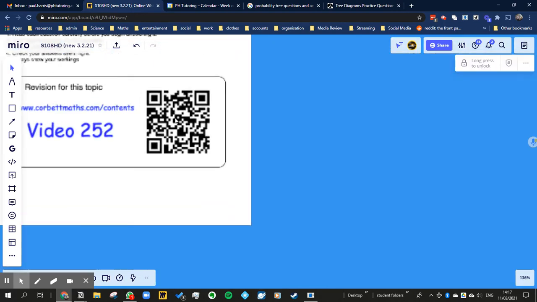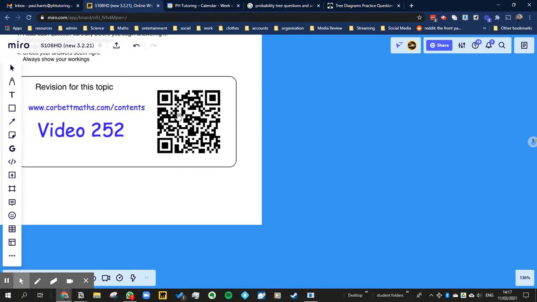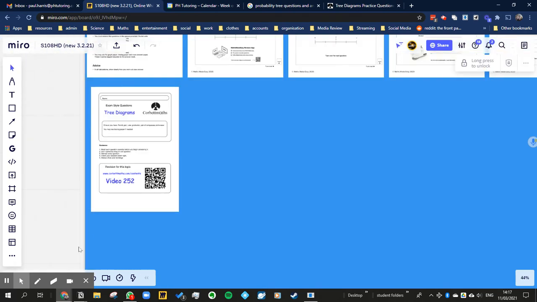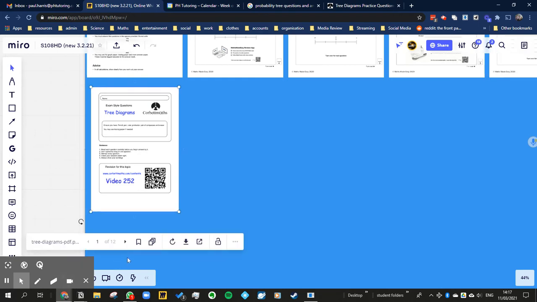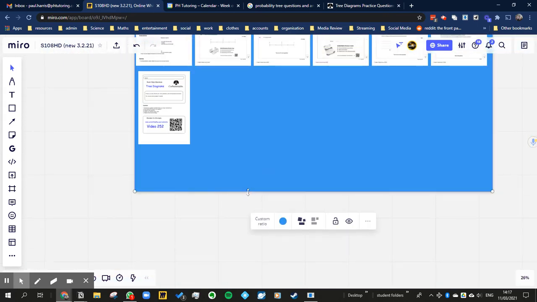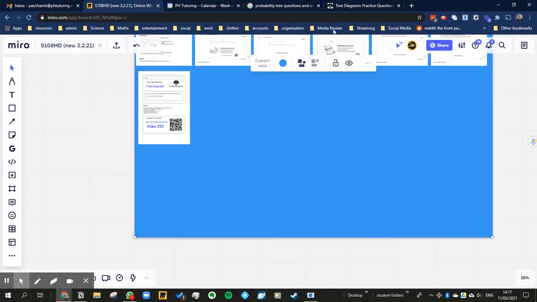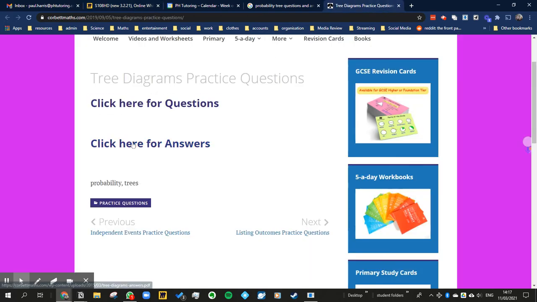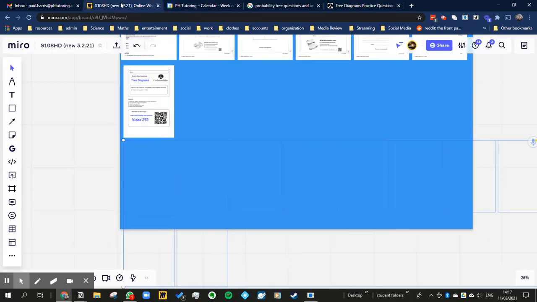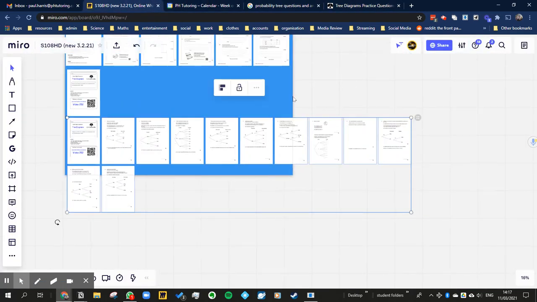If you've got a QR scanner, then you can scan that and it shows a video of how to answer these questions, which is quite useful. All right, so we want to go all, extract, and let's get the answers as well. Copy link address. Oh, big one this time.